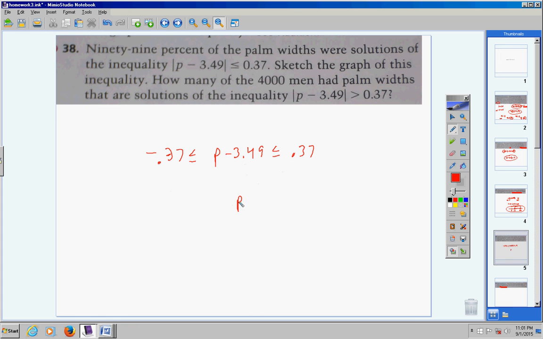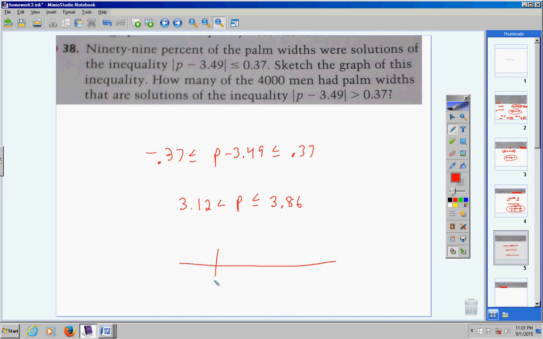So if we do that, I'm just going to put on my calculator here. 3.49 plus 0.37 gives me 3.86 over here. And then if I bring negative 3.49 over here and make it positive, I have 3.49 minus 0.37. That gives me 3.12.